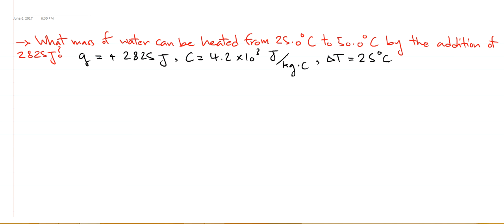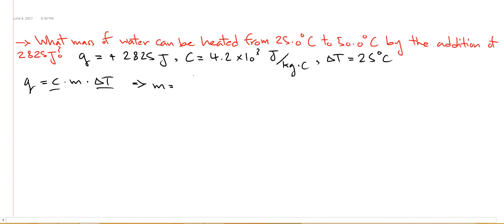And I want to find my mass, so I know that my formula is Q equal to C times M times delta T. Now I have to move my C and delta T to the other side.